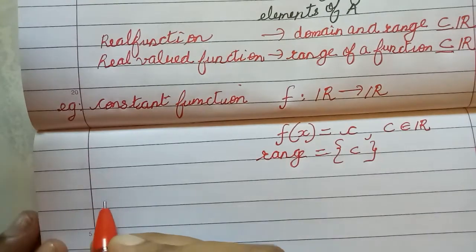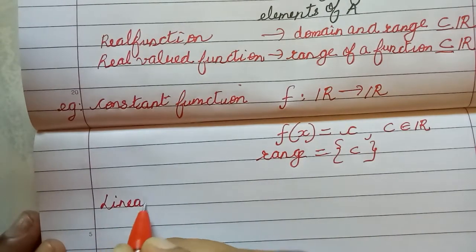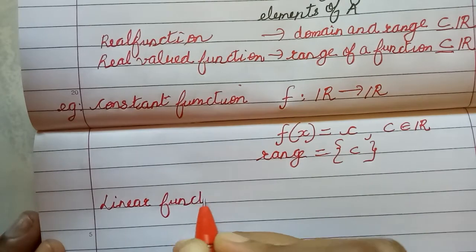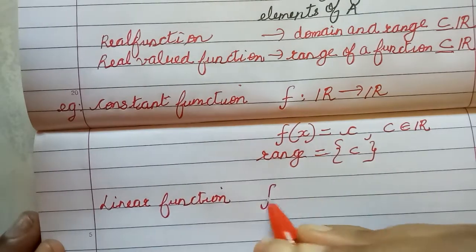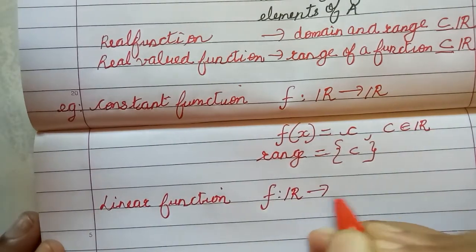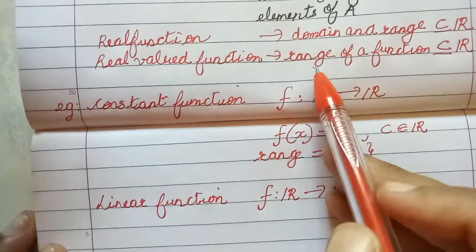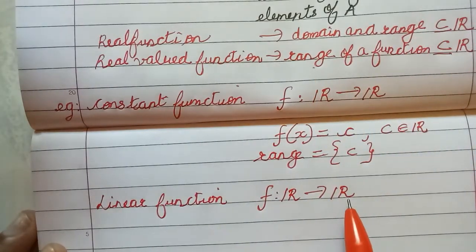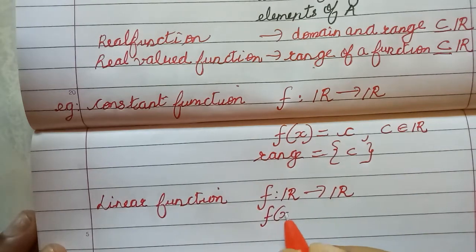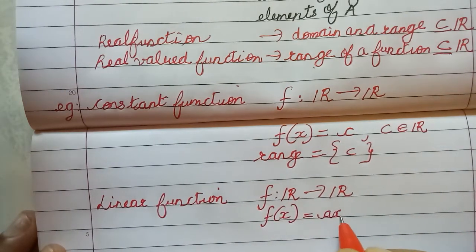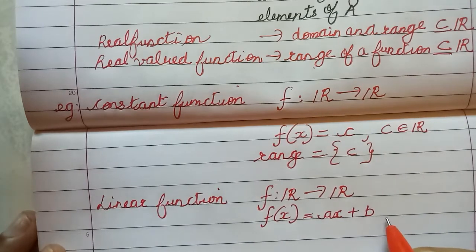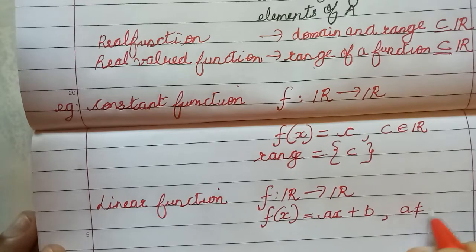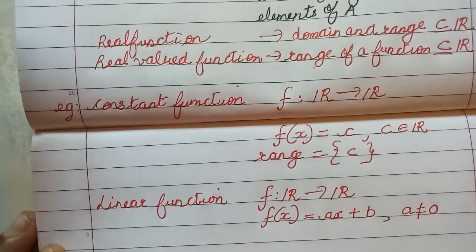Now another example, let me discuss. You must have seen the linear function. Let me take it again from R to R. So it will become a real function because the domain and range are again the set of real numbers or its subset. In general, a linear function is written as f(x) = ax + b, where a is not equal to 0.